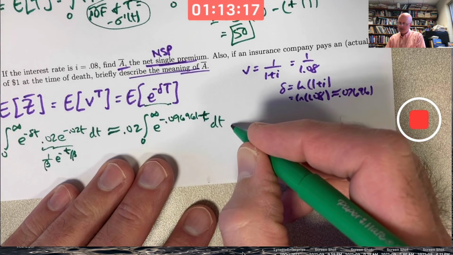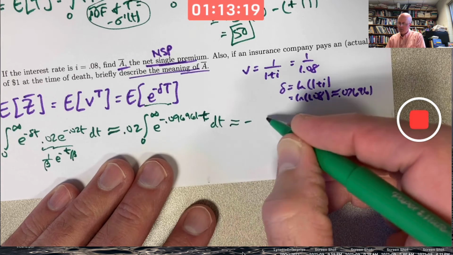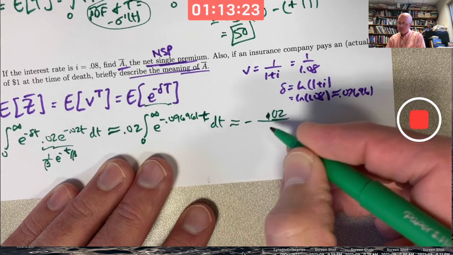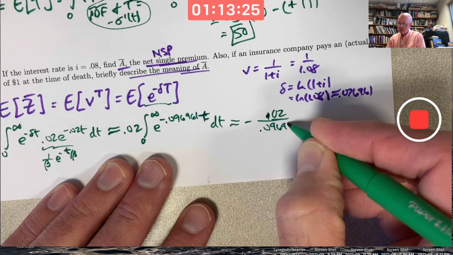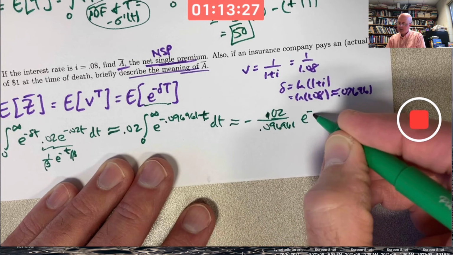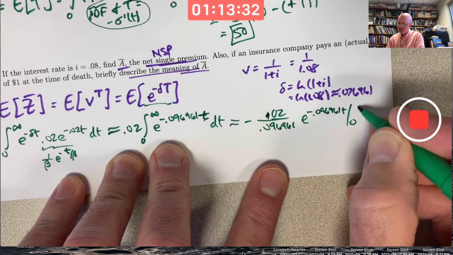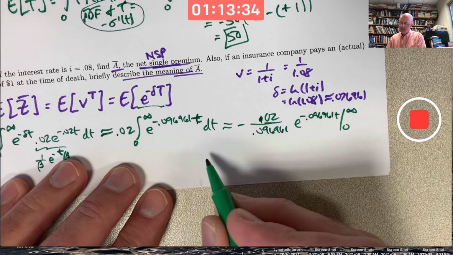So what do we get here? We get approximately negative 0.02 over 0.096961 e to the negative 0.096961 t, evaluated from 0 to infinity, but it's really a limit.